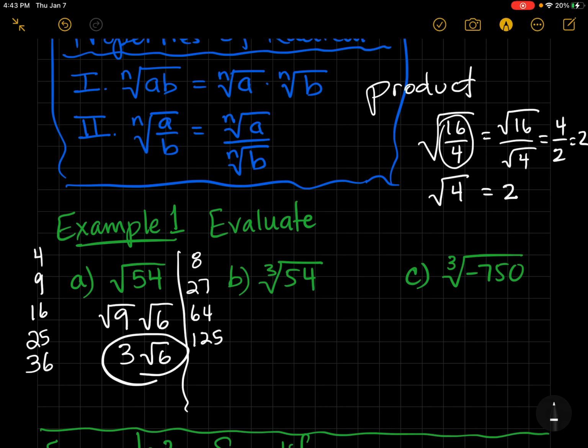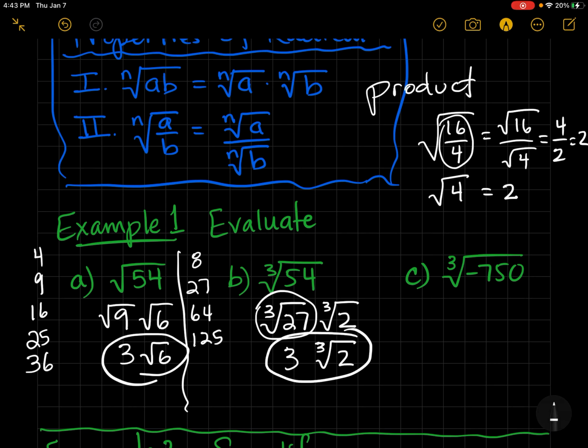So we're looking for a perfect cube that goes into 54, and we know 27 works, and 27 times 2, and the cube root of 27 is 3. And don't forget to write the index right here, because if you don't write the 3, then we assume it's a square root. Okay, again, this is a cube root, so we're looking for perfect cubes.